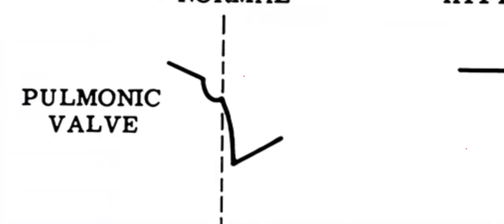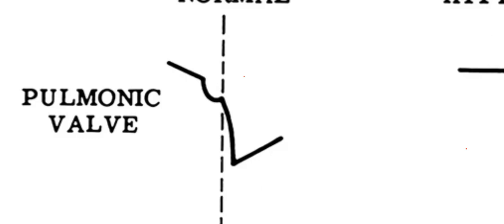You see the normal one, how it looks? There is an A dip. Can anybody explain why this A dip is there? What is the A dip? Atrial contraction. Let's imagine that the pulmonary valve is closed.